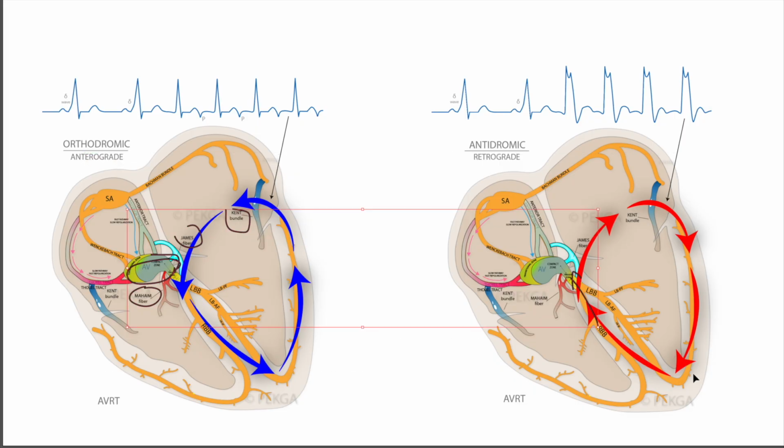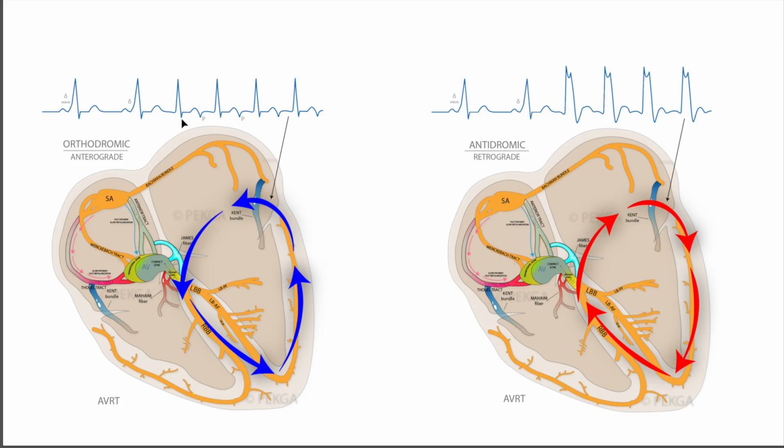And the reason I'm mentioning AVRT is because if you have anterograde, orthodromic AVRT, you're going to have a narrow QRS complex. However, typically the P wave is going to be present sometime late after your QRS.